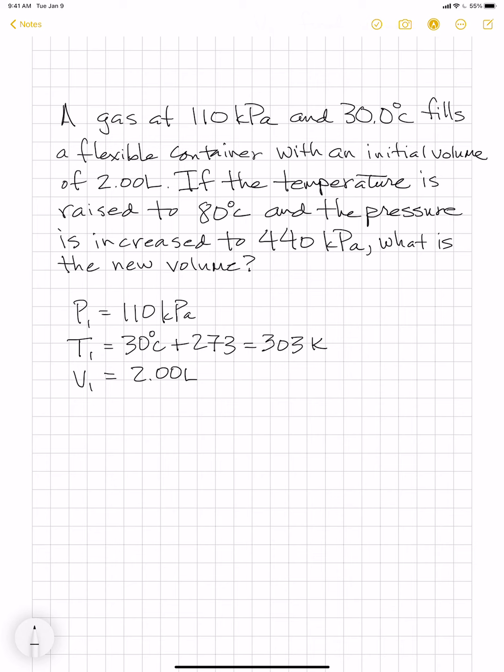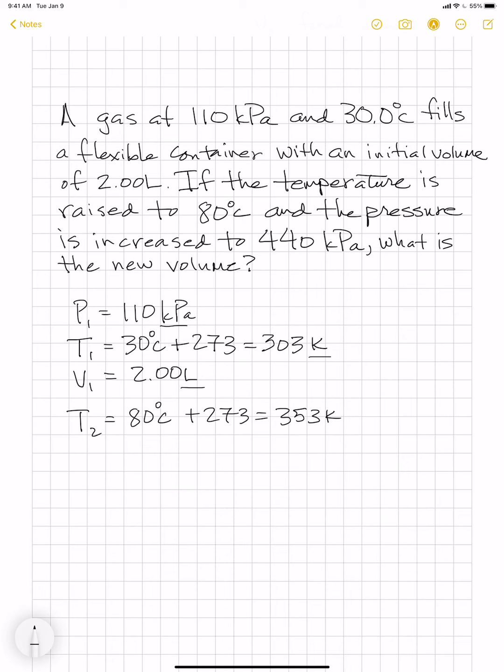All right, so all I did right there is read through the problem and write down what I know by looking at the units, okay? You can see that this is a pressure unit, this is a temperature unit, that's a volume unit. Okay, so now something happened. The temperature is raised, so that is T2, right? They changed the temperature to 80 degrees Celsius, so plus 273, okay? 80 plus 273, tap your fingers, 353 Kelvin.